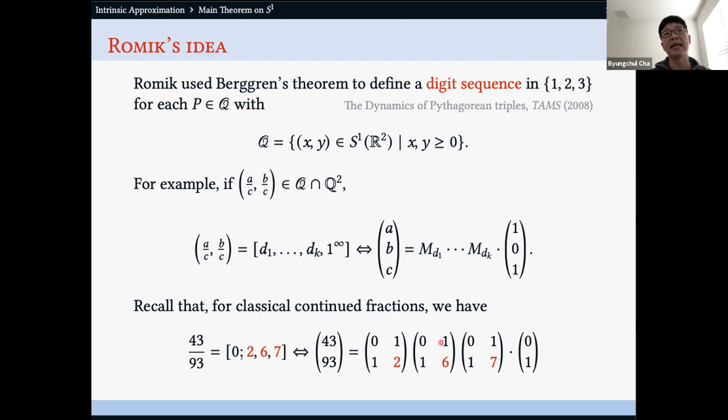And this is exactly how the classical continued fraction can be described if you think of any rational number as an orbit starting from 0, 1, and then you multiply these matrices, okay? And then you can use this digit expansion to approximate irrational points on the unit circle as well.